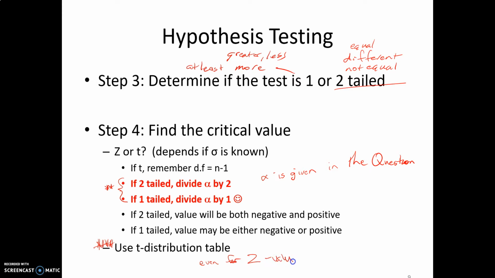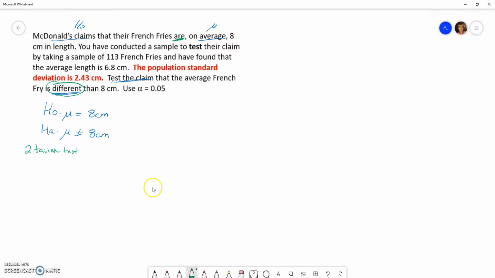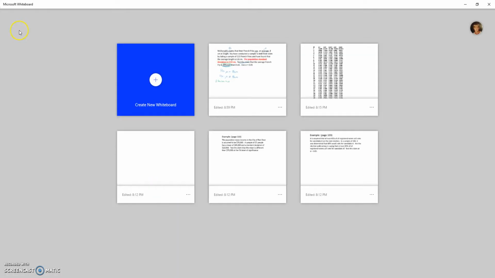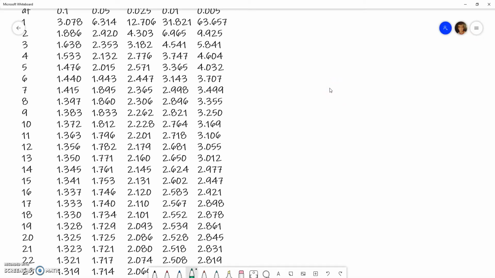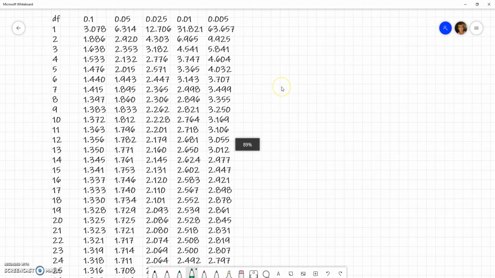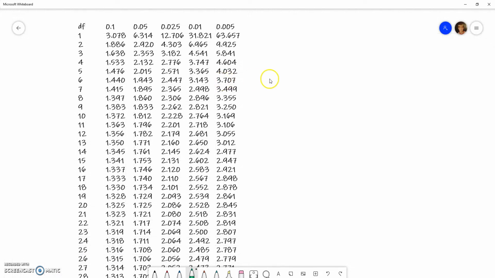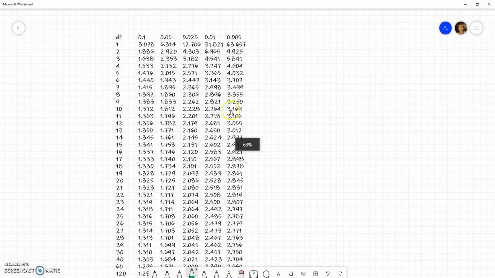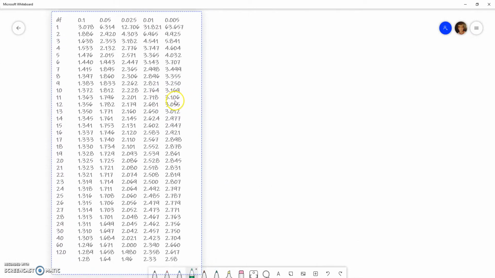And one thing we may remember from Chapter 7 is that t-distribution chart. Let's go back out here and find this one. Perfect, it works. So this is the t-distribution chart. I've just put it on this screen, and I want to move it up a little bit.